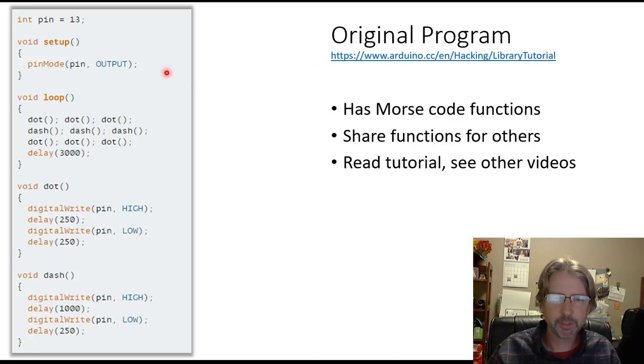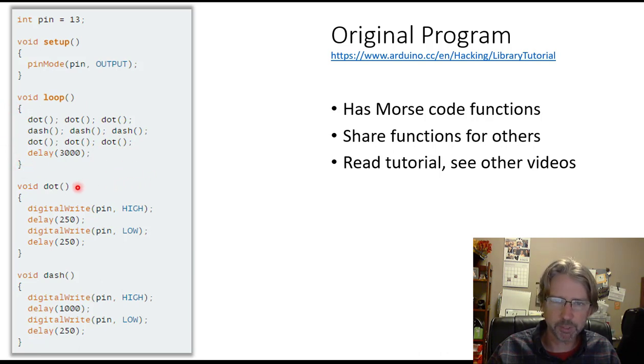The scenario is you work for a company and you write software for them, and you wrote Morse code functions. So here you can see a program. It's got the usual setup and loop. And in the loop function, we're calling dot, dot, dot, dash, dash, dash, dot, dot, dot. That's doing SOS in Morse code.